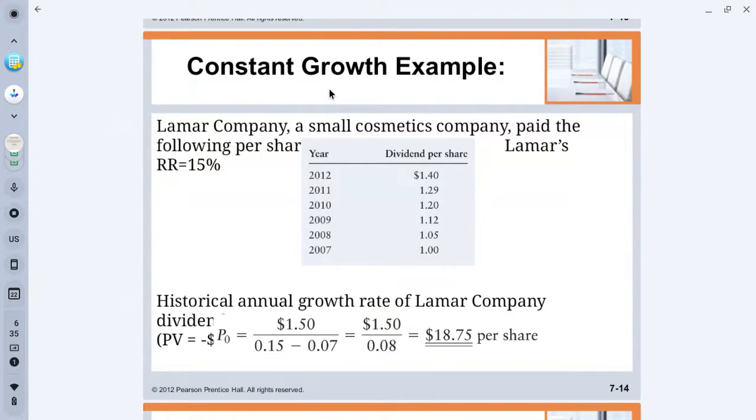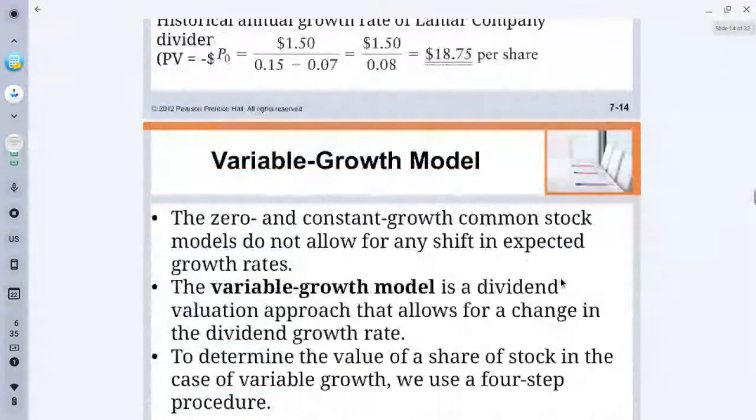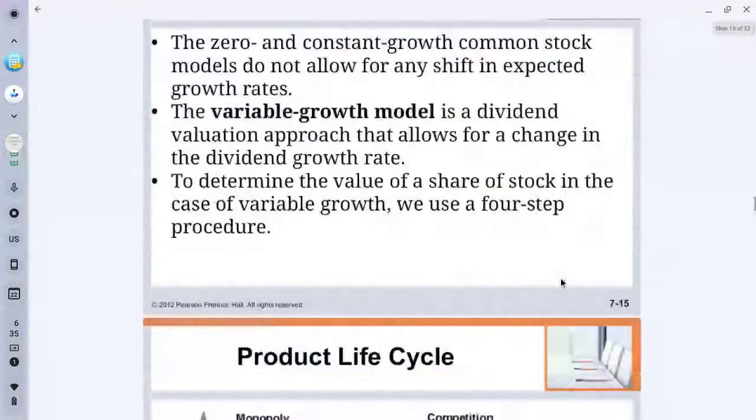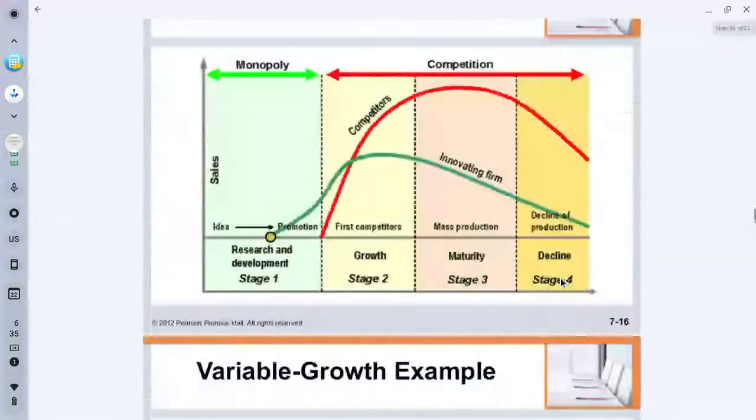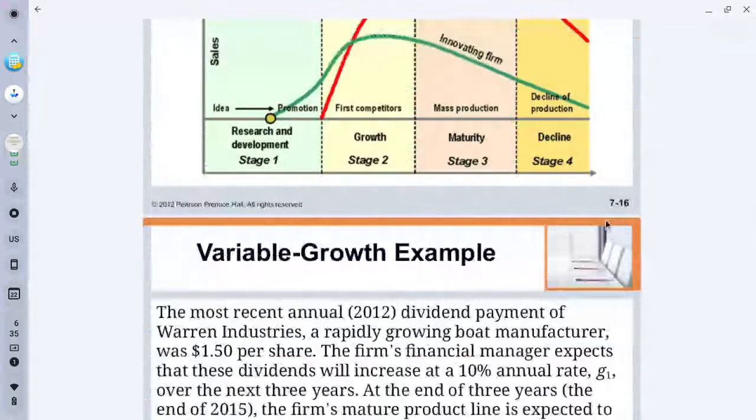But you have to verify this number, okay? Anyway, it comes to something like that. And then the variable growth model is also called the multiple growth stage model.